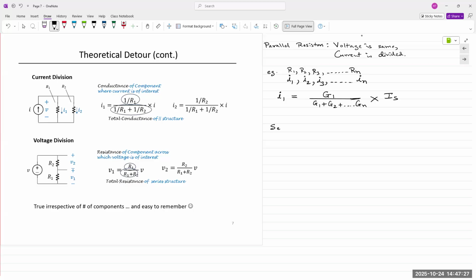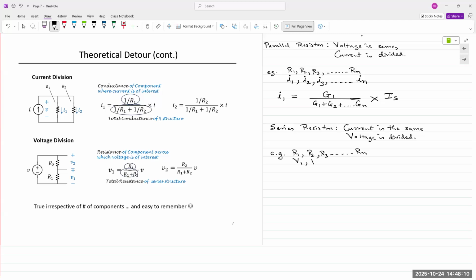And then if you have a series connection of resistors, then the current is the same, and voltage is divided. Let's say again, you have n number of resistors all connected in series.